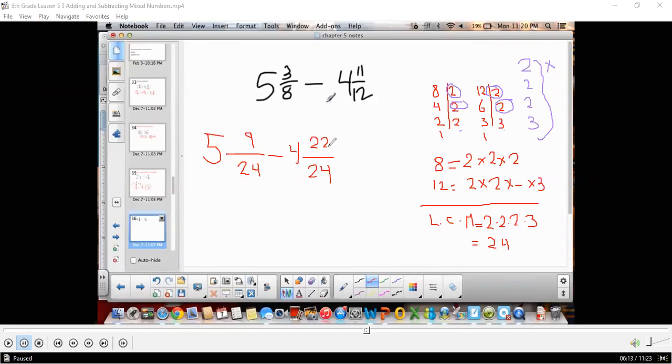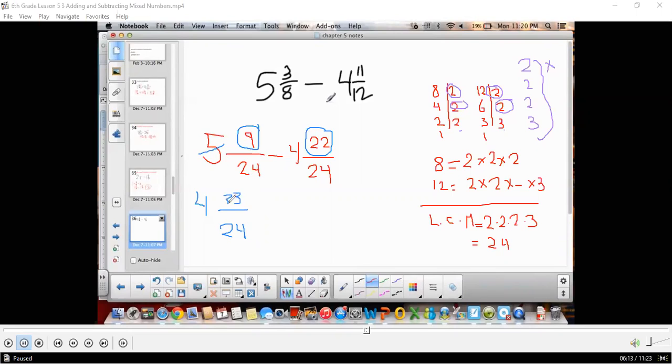Now we have the same denominator, but we have a problem here. You can note that the first number is 9 and the second number is 22. As I said, we can borrow a number from here, so it will be 4, and then I can add those two numbers together. The denominator should be the same, and 9 plus 4 equals 13.